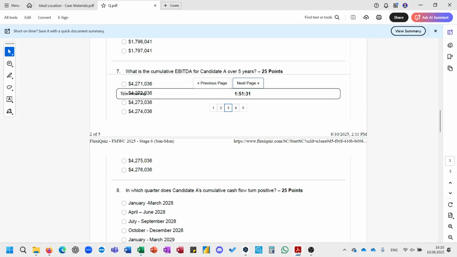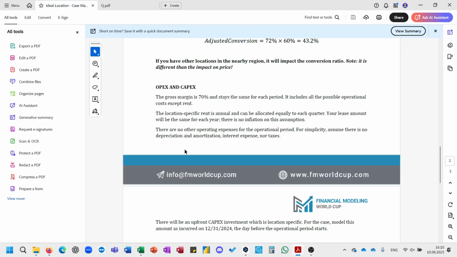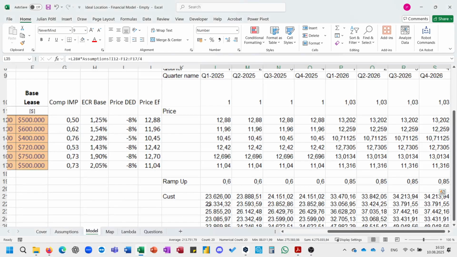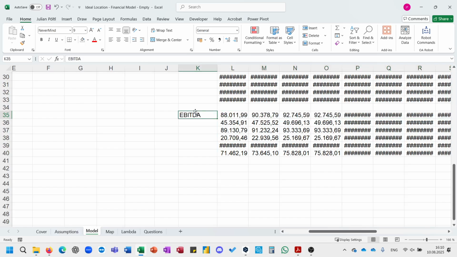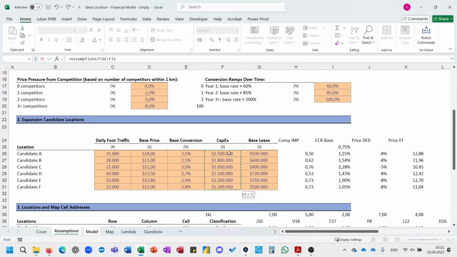Now, in which quarter does candidate A's cumulative cash flow turn positive? And therefore, we need to know that we have some upfront capex investments. These are given for every location specifically.